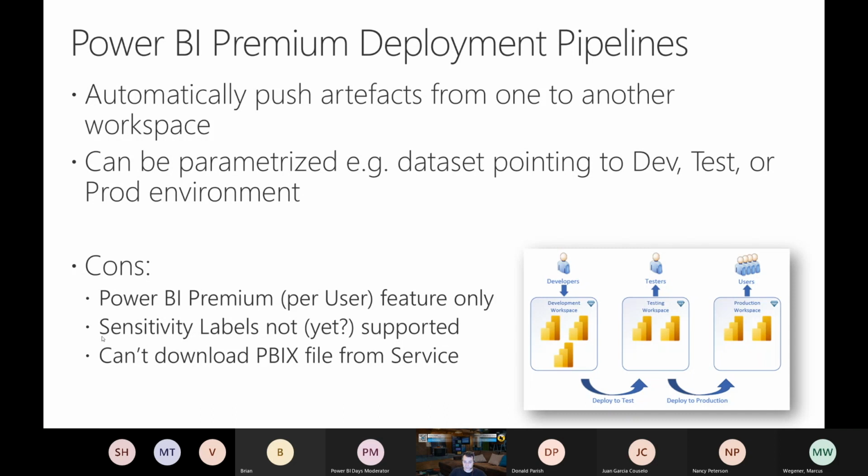It's, as mentioned, a Premium feature, but the beauty of it is that it's really automated, and you just have to push a button to do so, or probably call an API to push it from one workspace to another. Further, it can be more parameterized, meaning that once you're publishing from a dev workspace into a test workspace, you can also override a parameter like a data source and automatically make sure that you're connecting to the right data source behind it.